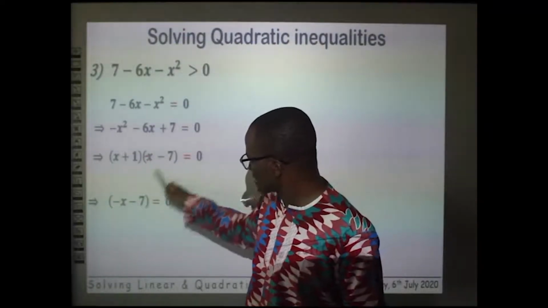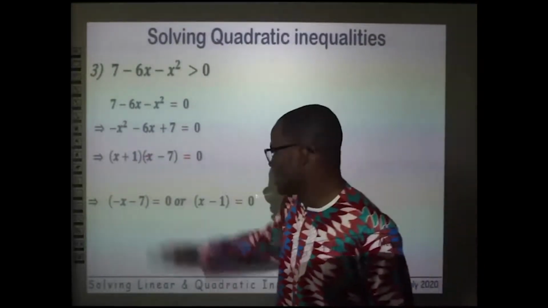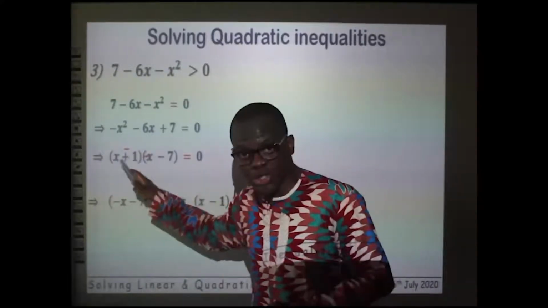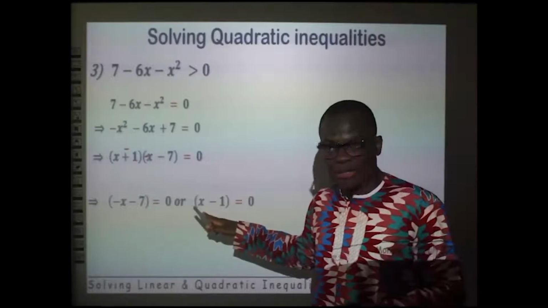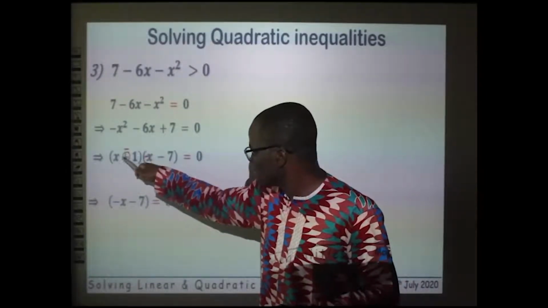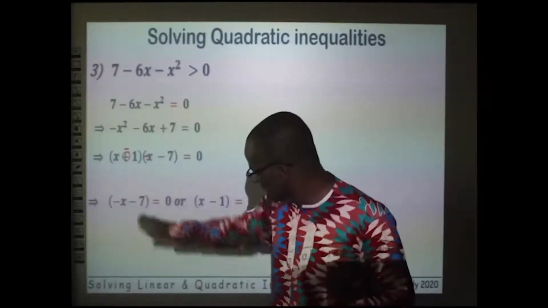So you have minus x minus 7 is equal to 0, or x, oh well, this is minus as well. Sorry about that. You have to cross-check and make sure that this indeed is correct. So change that from plus to minus, and put a minus there. Okay, so this is what you should have.